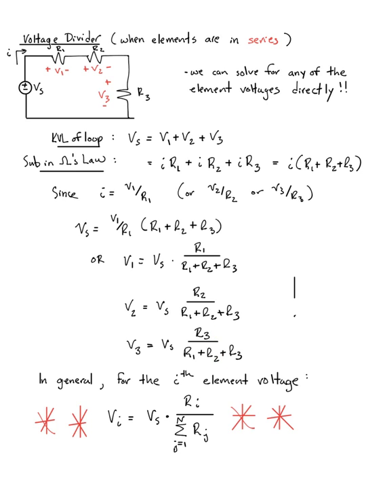In other words, for the ith element voltage, Vi is going to be equal to Vs times R of that ith element over the sum of all resistors in the path. Simplest way to think about this is the voltage of the resistor we want is a fraction of Vs times the resistance that you're interested in analyzing over the sum of the path.